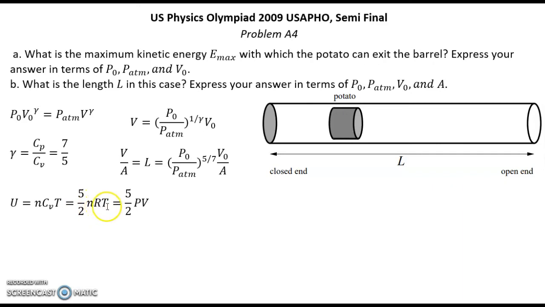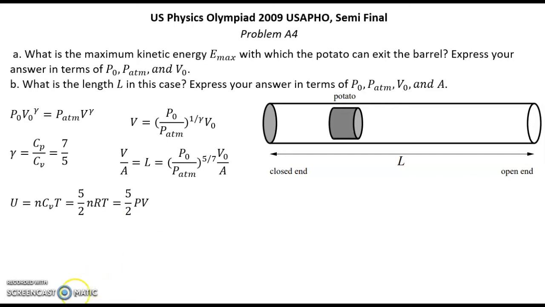But due to the universal gas law, nRT equals PV. So the total internal energy for a diatomic gas is 5/2 PV. Now we just need to find the difference between the initial and final internal energy.